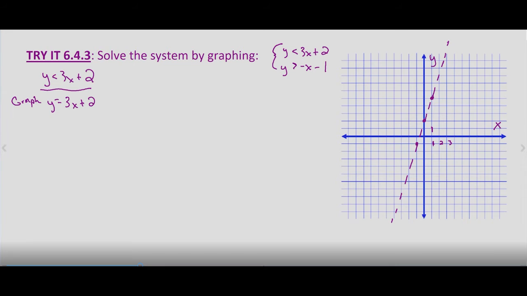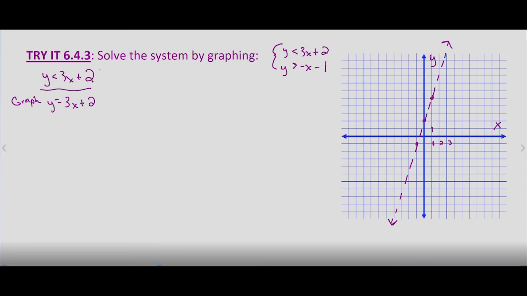So here's our dashed line for our first inequality. Now we're going to test a point, because we know we're either going to need to shade the right-hand side or the left-hand side of this line. So let's test the point (0, 0), because that always makes it easy, and we know it's definitively on the right-hand side of this line, or below it.